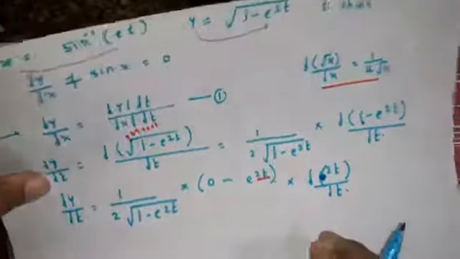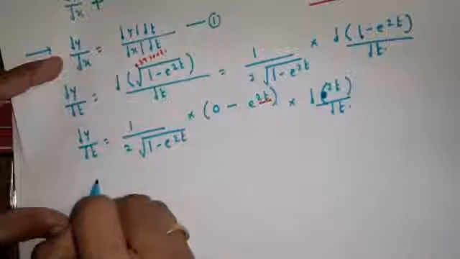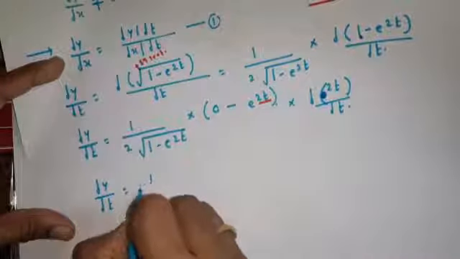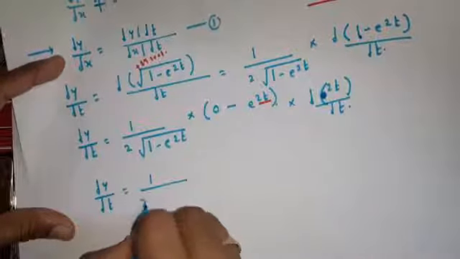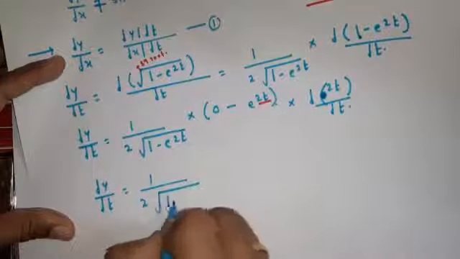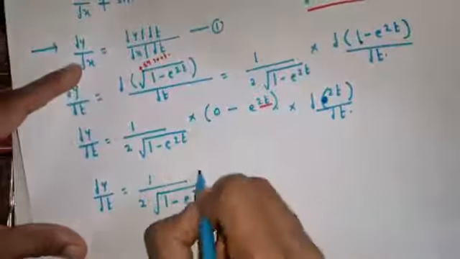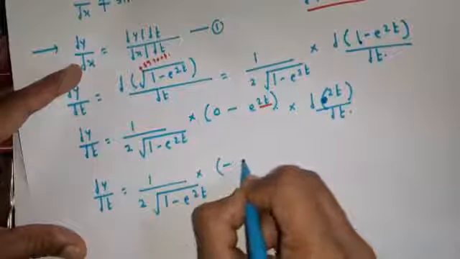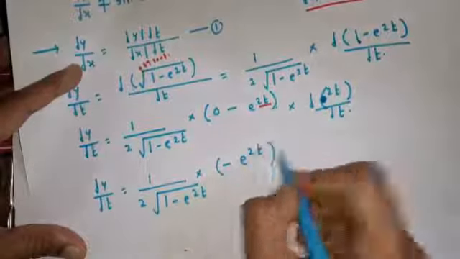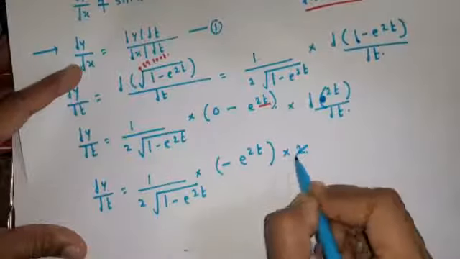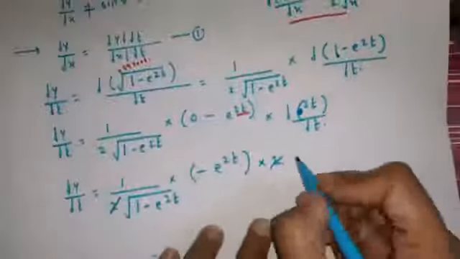Now dy by dt equals 1 upon 2 square root of 1 minus e raised to 2t, into minus e raised to 2t, and differentiation of 2t is 2, and therefore these 2s get cancelled.